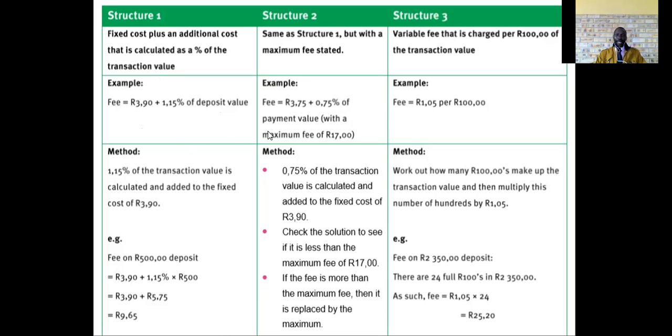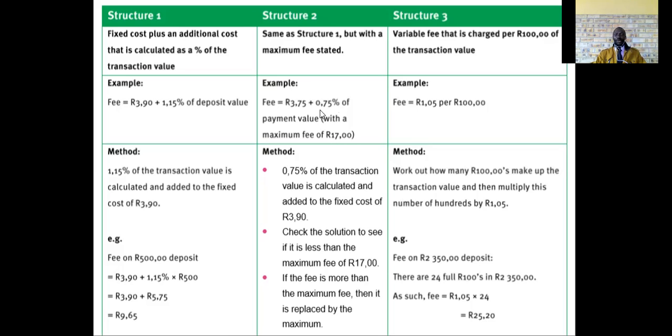But now for the second one, they say, here we are charging you 3.75 as the general charge for any transaction you do. Then later, you will also be charged 0.75% of the payment value with a maximum of 17 rands. What that means is if you're making a payment or buying something, they will charge you 3.75.